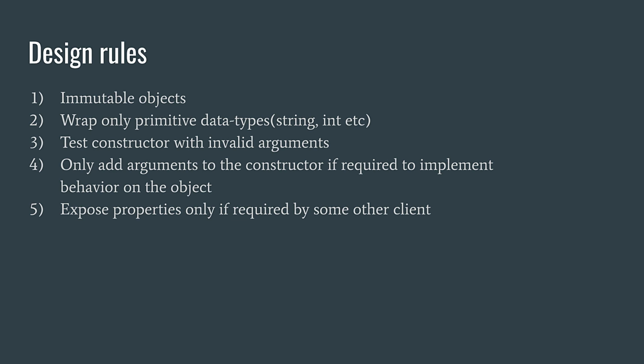I hope you got my point here. So you don't update the same instance, you create a new instance. So make sure your value objects are always immutable and you don't update the same instance.